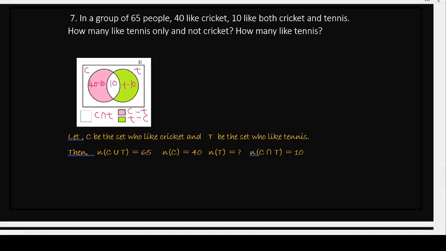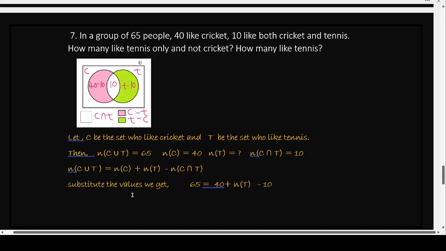We will find them. Let C be the set who like cricket and T be the set who like tennis. With the usual set notations, n(C union T) is 65 and n(C) is 40. n(T) is what we have to find out. Those who like both cricket and tennis is n(C intersection T), that is 10.